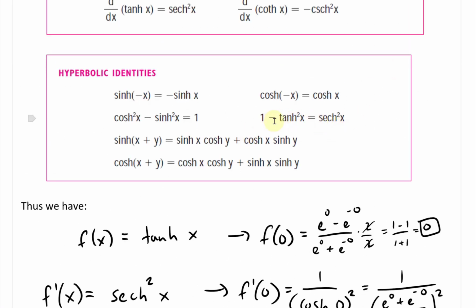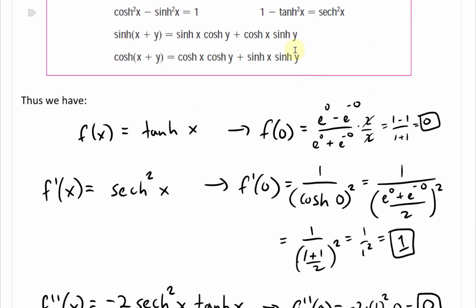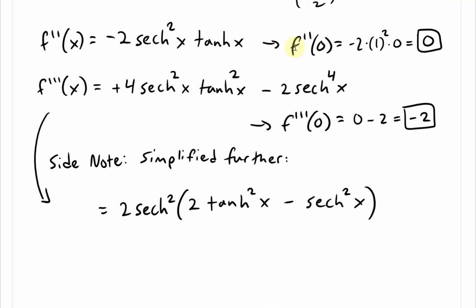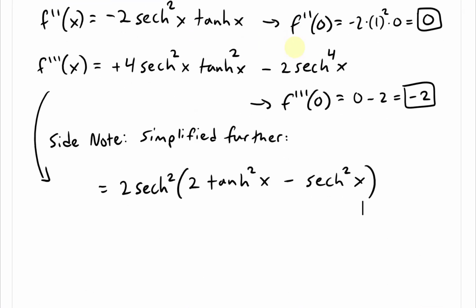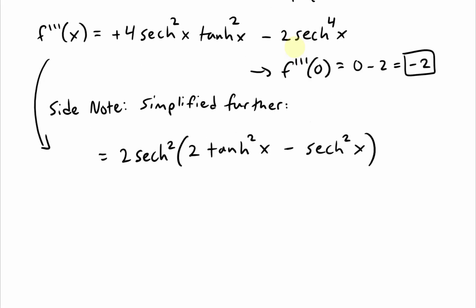This is equal to 1 minus hyperbolic tan squared, so tan h squared. So this equals 2 hyperbolic secant squared, 2 tan hx minus, and then this is going to be a minus 1. So it's going to be minus 1. Let's put it like this.